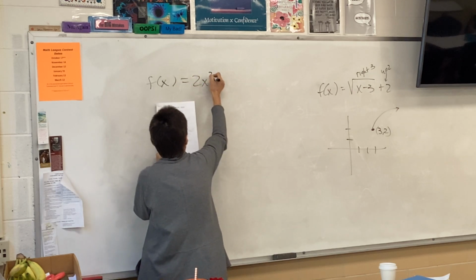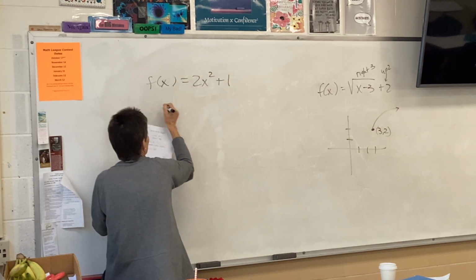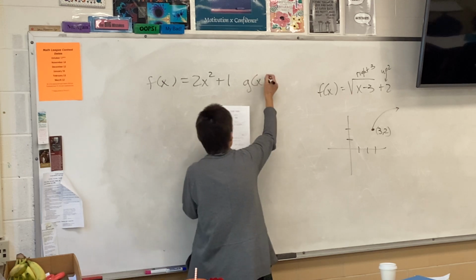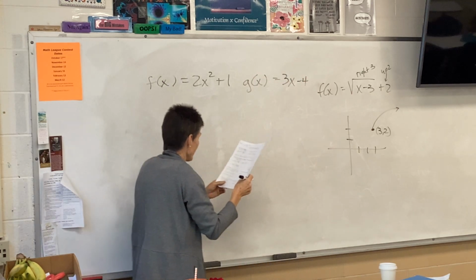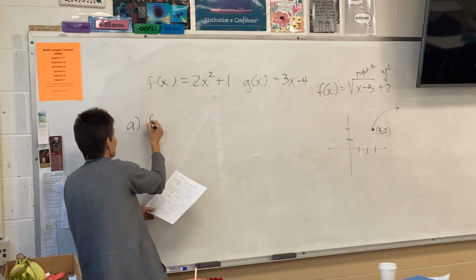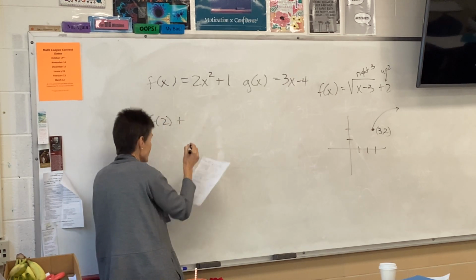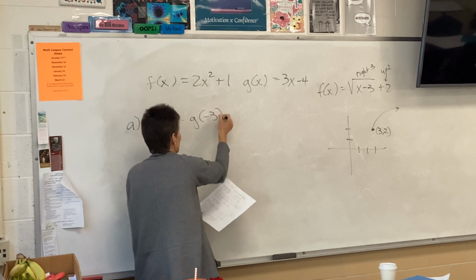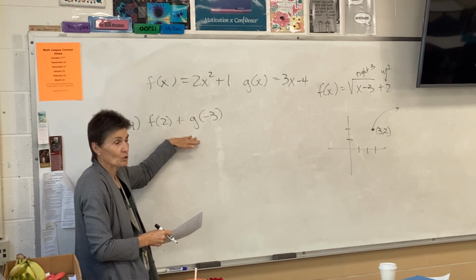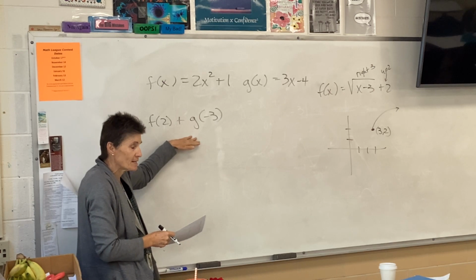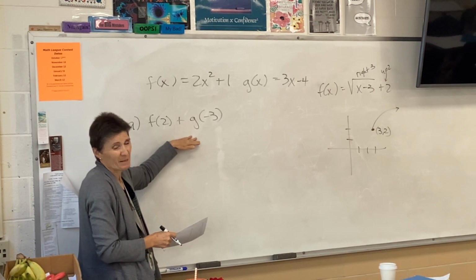Keep studying. All right, so we got these two functions now. The last section of the test is this function part. The first question says, find f of 2 plus g of -3. This looks really complicated, but it isn't hard.